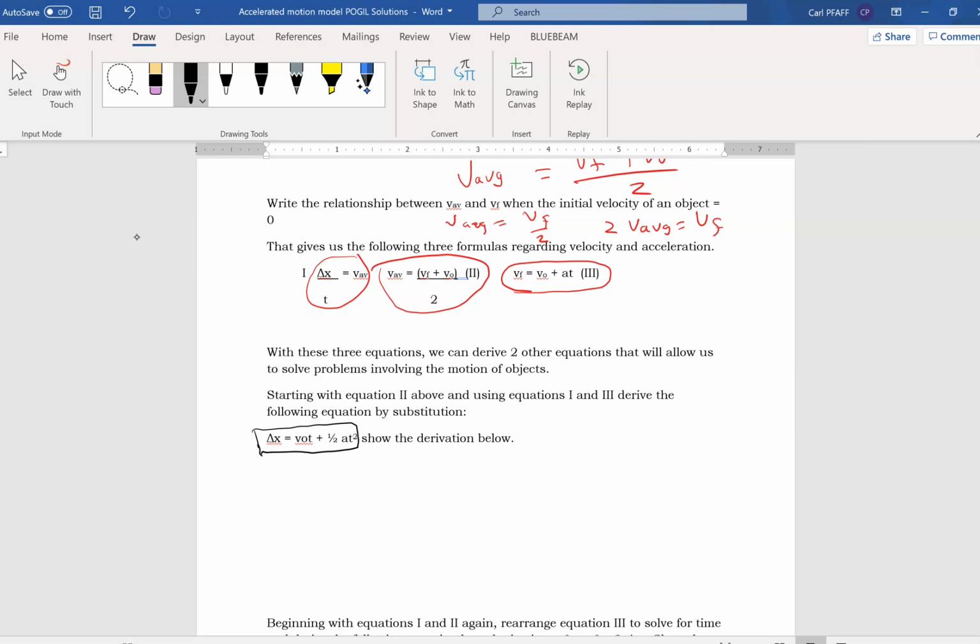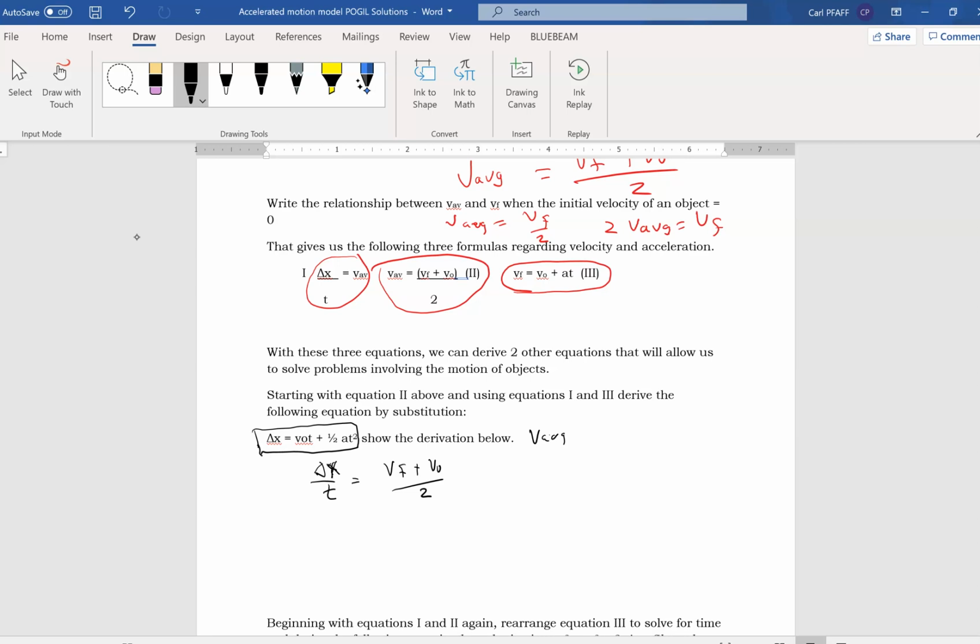So obviously I have a V average is what I'm going to start with. So V average should be equal to delta X over T, and it's also equal to VF plus V naught over 2.